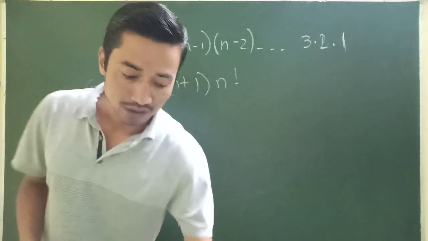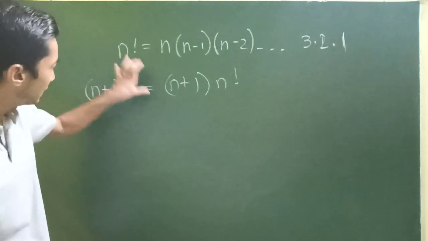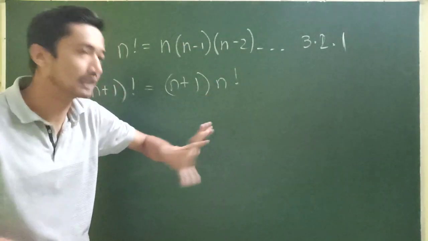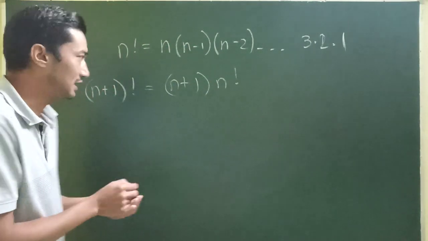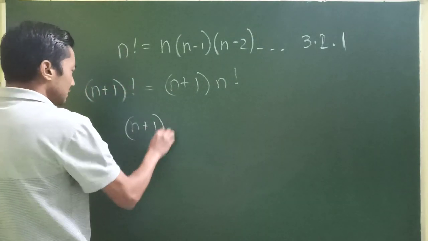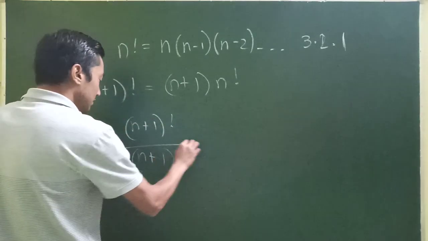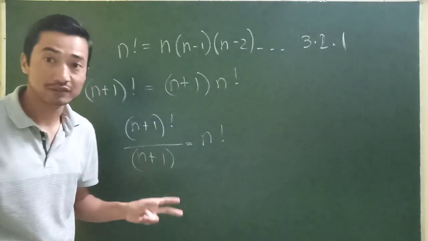Now we will be needing this particular formula: n plus 1 factorial is n plus 1 into n factorial. Just by cross multiplying, n plus 1 factorial divided by n plus 1 will be equal to n factorial. I believe that's clear.